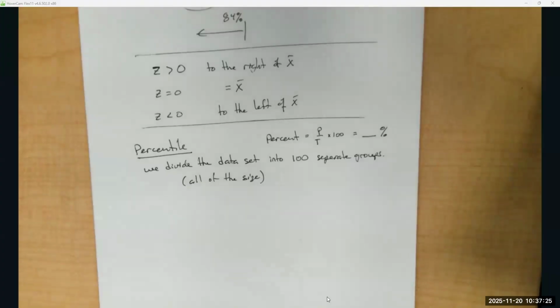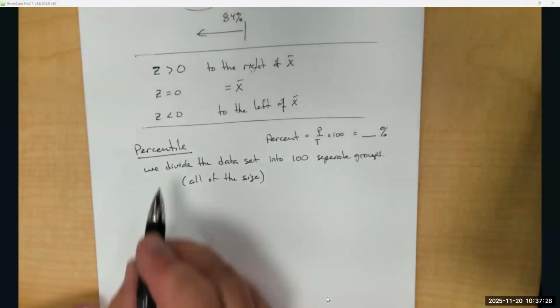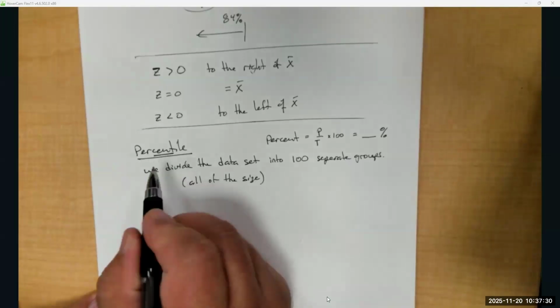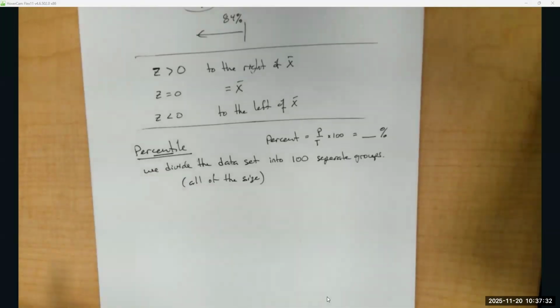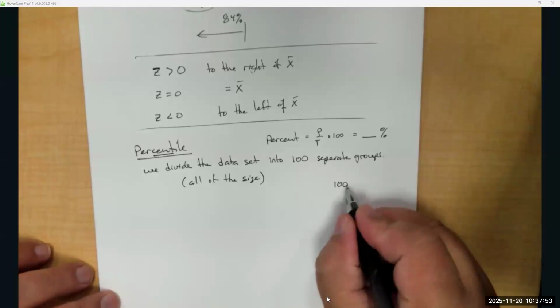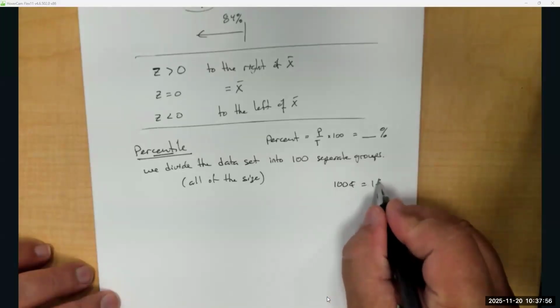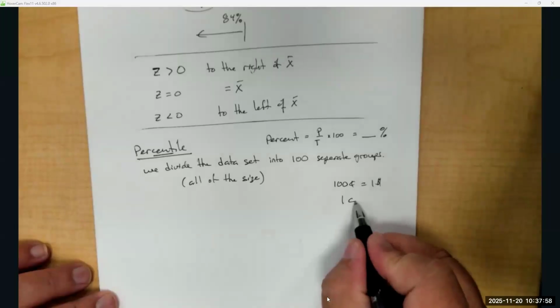Now, why is it 100? The word cent. Well, the penny just got discontinued. Why do they call it a cent? How much is this penny worth with respect to a dollar? How many pennies are in a dollar? 100. So if 100 pennies equal $1, then it's 1 cent.